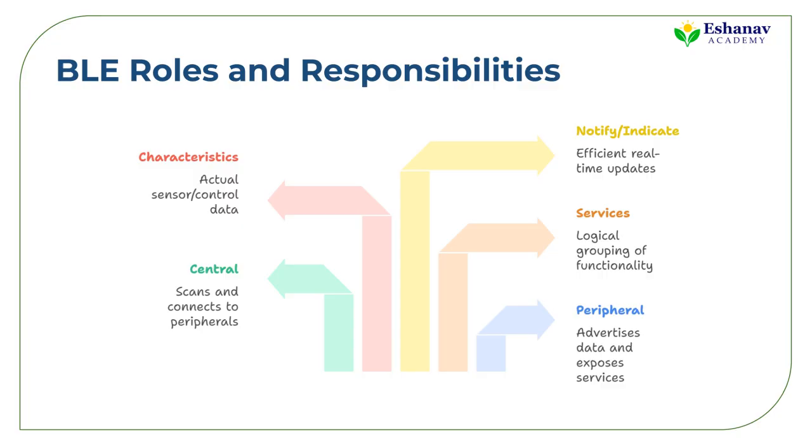A central, on the other hand, is a more capable device that scans for peripherals, establishes connections, and interacts with their services and characteristics. Smartphones, gateways, or another ESP32 acting as a hub are good examples of centrals. Within this interaction, services act as logical groupings, and characteristics are the actual data points being shared, whether it's a sensor reading or a configuration parameter.